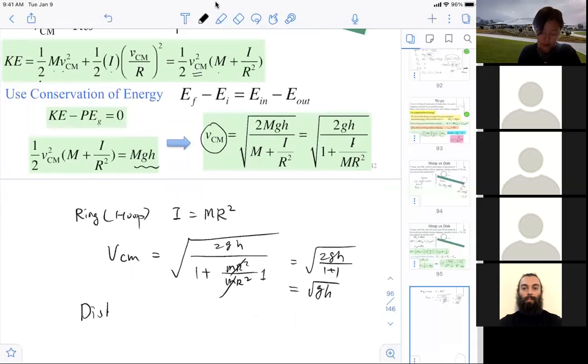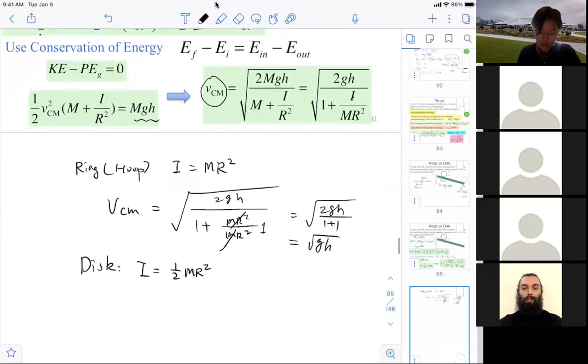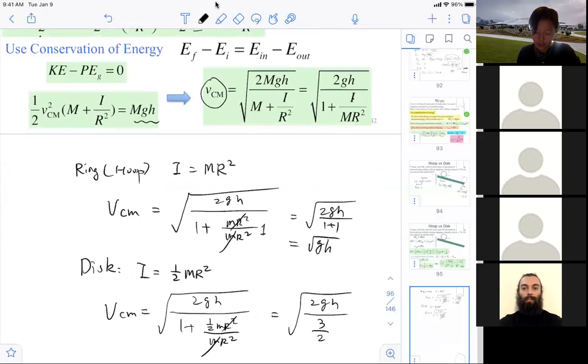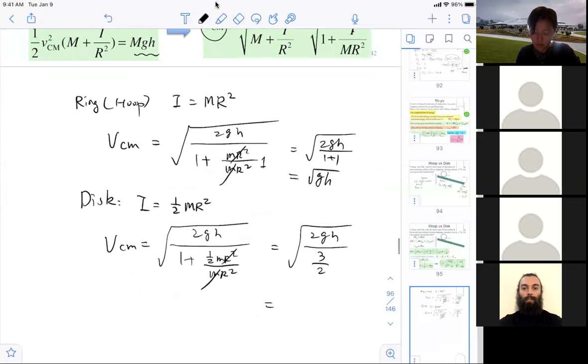For the disk, the I is 1/2 mr squared, which means you will plug it in here. 1/2 mr squared over mr squared. You get a 1/2, right? So 2gh divided by 3/2, so you get 4gh over 3.